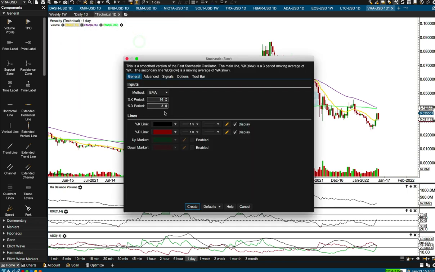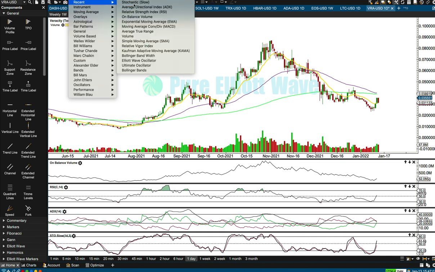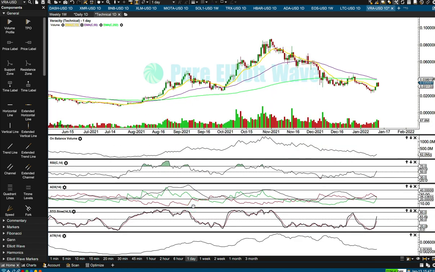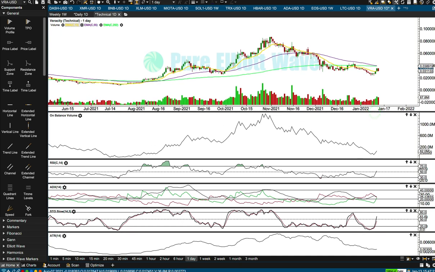Here we are. Have I got ATR? No, I want ATR as well. Need to have more room for on-balance volume to bring in some trend lines.